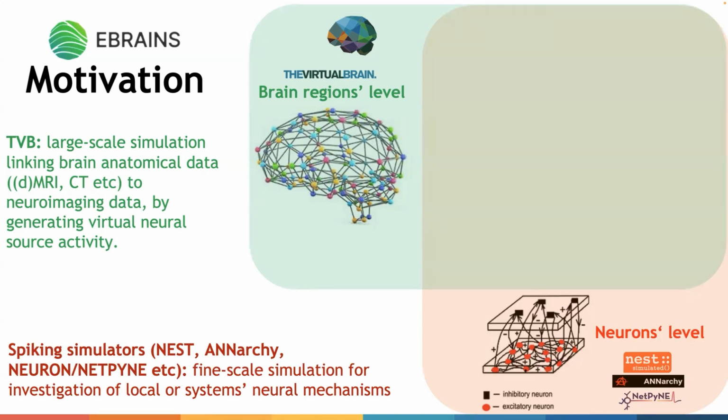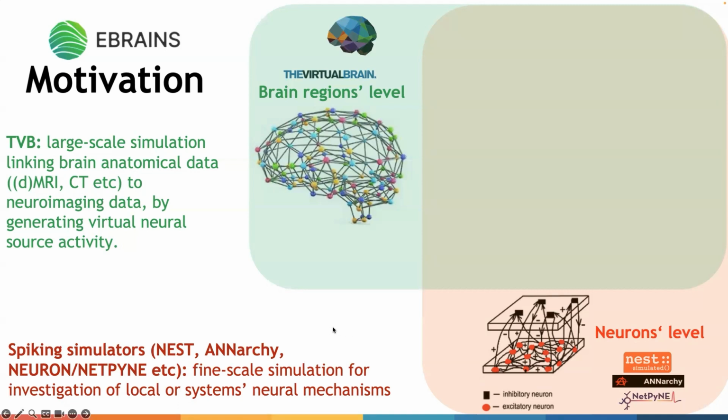So networks of spiking neurons where we are at a different level of detail. Each model there models a specific neuron, either as a point neuron, again, as an approximation that a neuron is just a point in space, or even we have multi-compartmental models where we also model how the signals are transmitted along the axons and the different parts of the neuron.